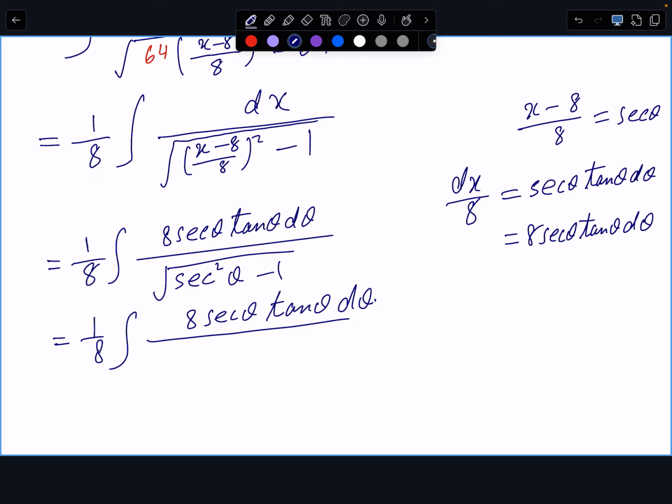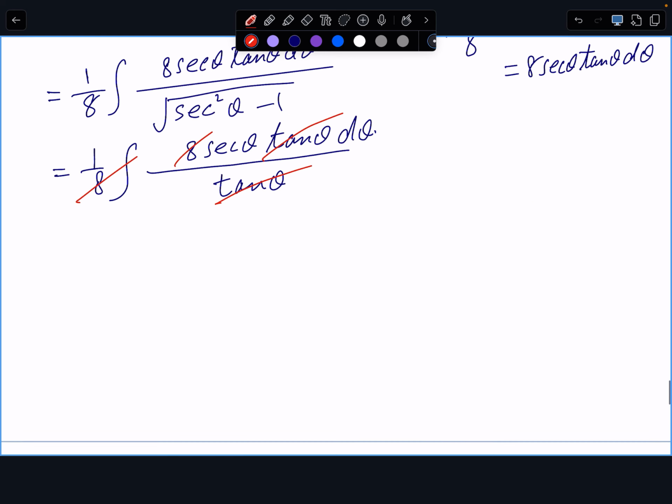Secant square minus 1 is tan square. Under the square root is tan theta. Can we cancel tan with tan? Can we cancel 8 with 8? What do we get? What is this one equal to? Oops. Ln, oops.